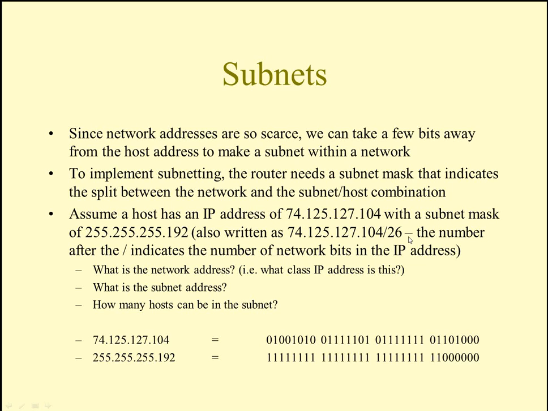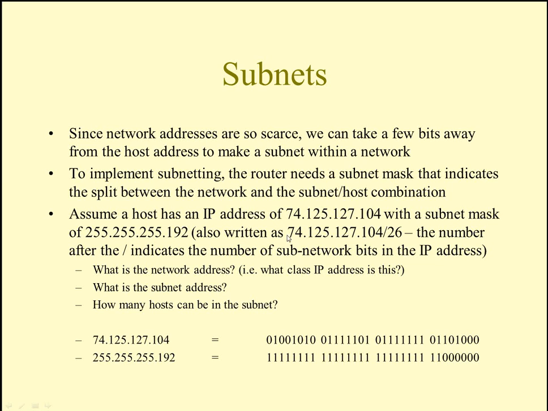This is called the slash notation. We have a /26. What the 26 tells us is the number of network bits in the IP address. Now, this probably should say the number of sub-network bits that we have in the IP address rather than the number of network bits.